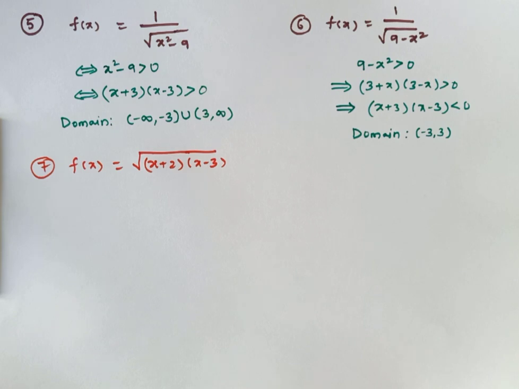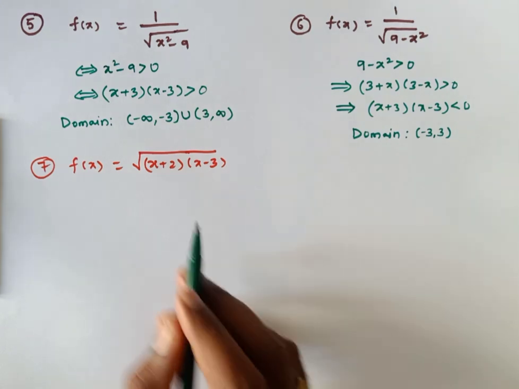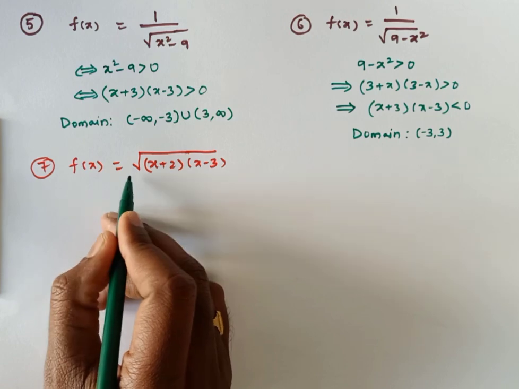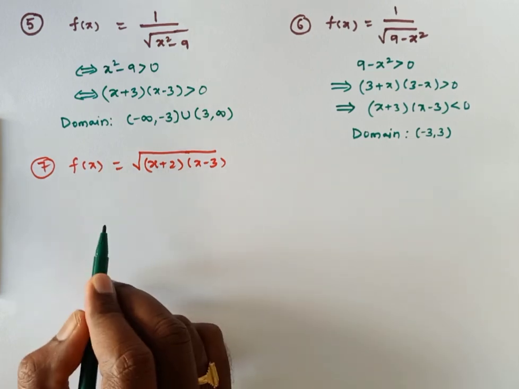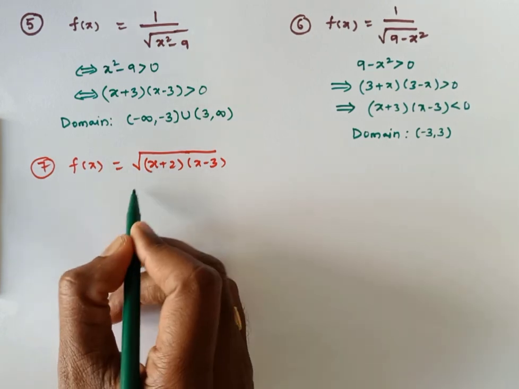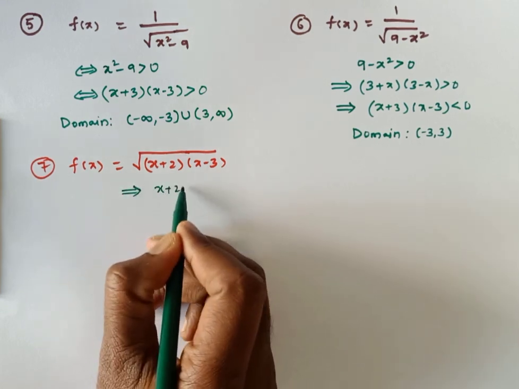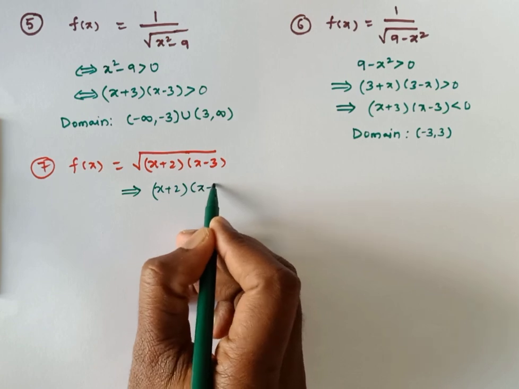Something should always be greater than or equal to 0 if it is inside the square root. Here what is inside the square root? Inside the square root is x plus 2 into x minus 3. To define this function, therefore this should be greater than or equal to 0. So here, if and only if x plus 2 into x minus 3 is greater than or equal to 0.